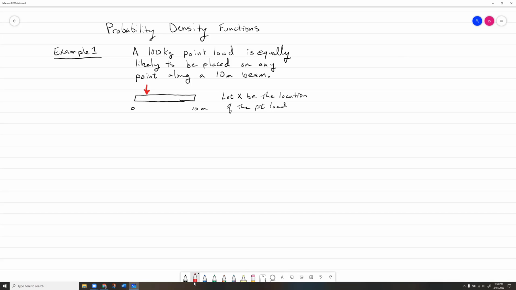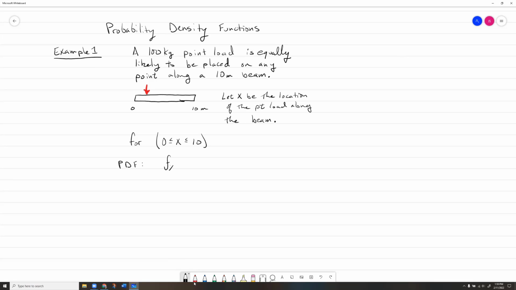So x is our random variable. That's going to be the location of the point load along the beam. And so let's just go ahead and define this. So for x being between 0 and 10, let's define our PDF, our probability density function.